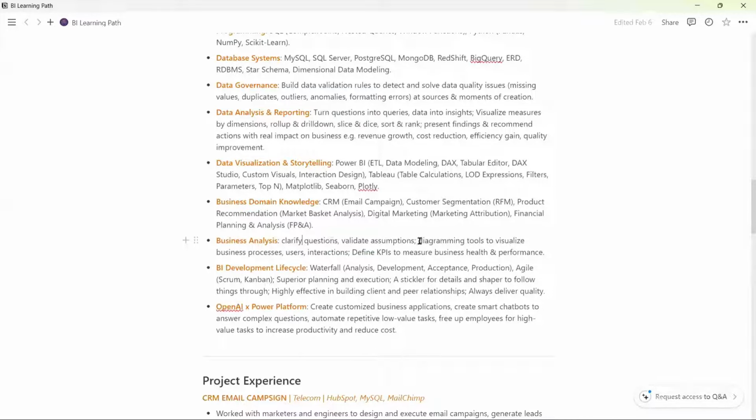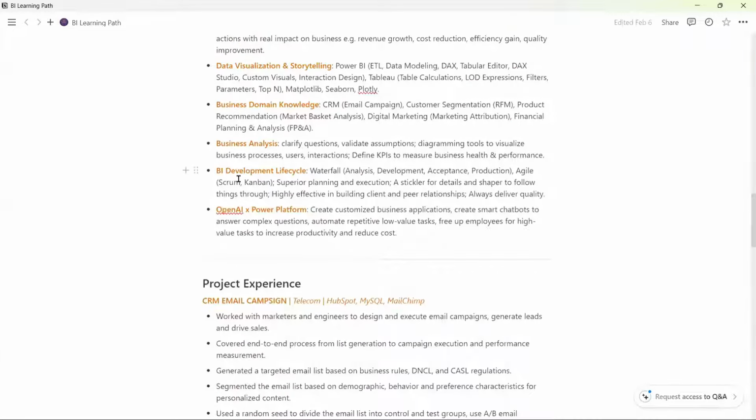Clarify questions, validate assumptions, and then development life cycle. So if you have worked on projects, you're familiar with waterfall, agile, and even the life cycle from analysis to development to acceptance to production. And you should mention that. Okay.